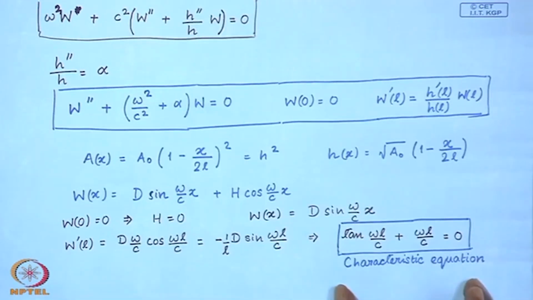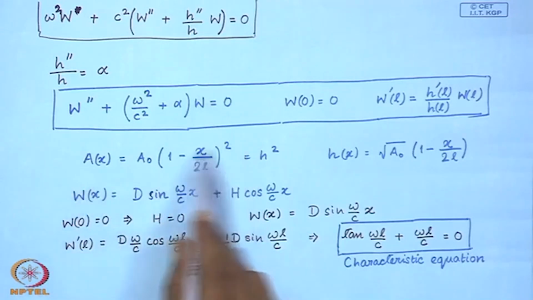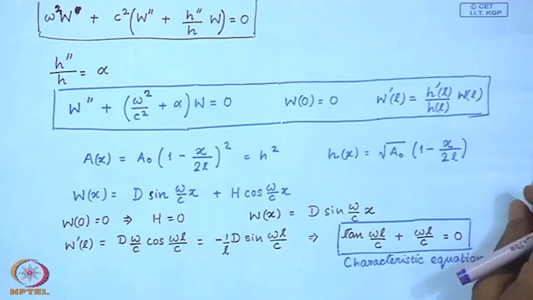So, this is the characteristic equation for a fixed free bar with cross sectional area varying in this form. Now, this is a transcendental equation which has to be solved numerically.